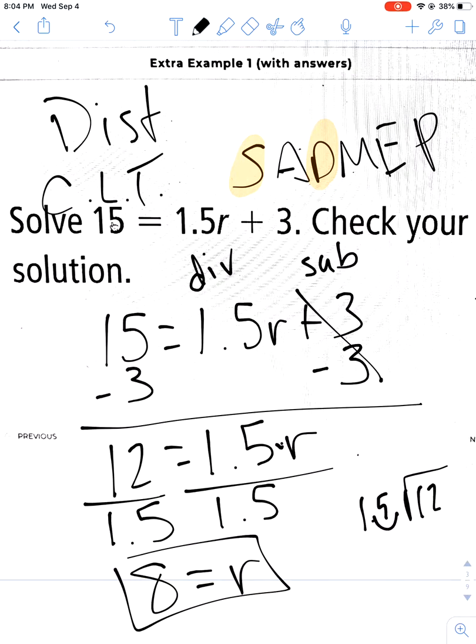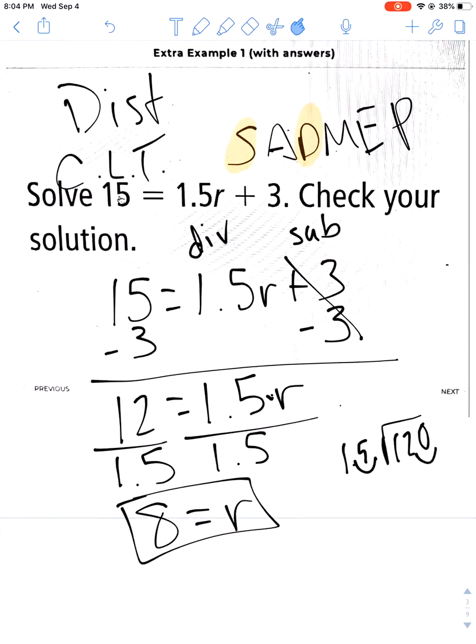Bring it over once, bring it over once. Count by 15s. 15, 30, 45, 60, 75, 90, 105, 120. I counted 8 times, so our answer is 8.